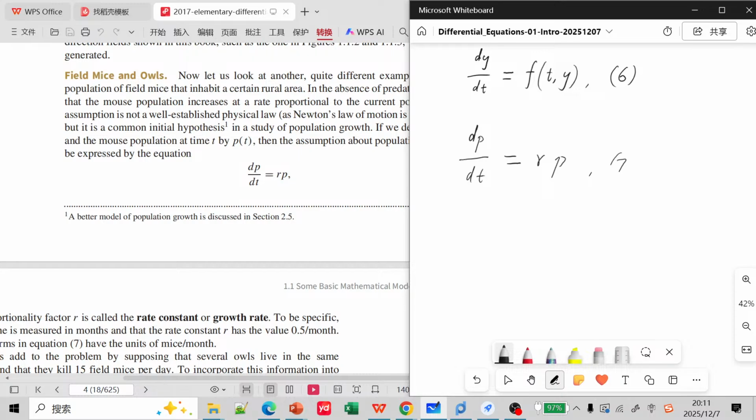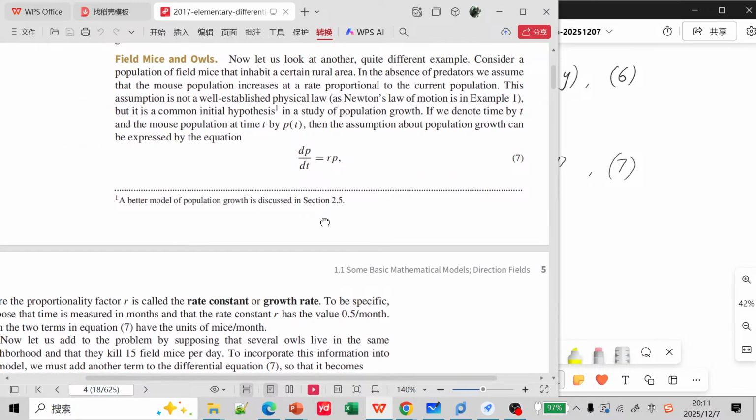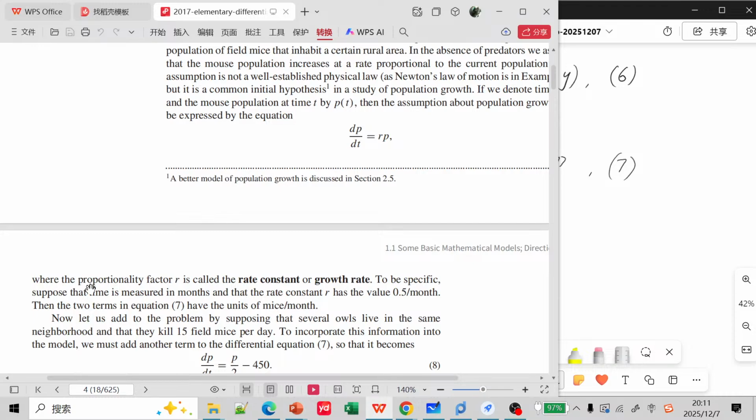This is the seventh equation, where the proportionality factor r is called the rate constant or growth constant. This r and p is the population.